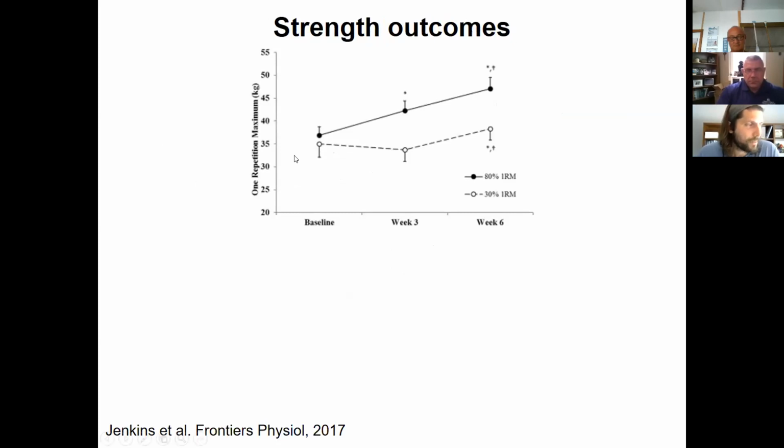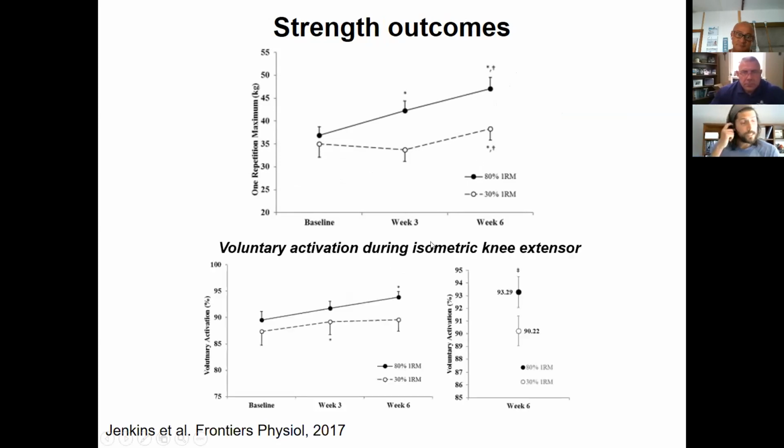This is the strength data in terms of looking at leg extensor strength, and clearly, right, those that trained with heavier weights saw this continued increase in strength. Those that trained with 30% 1RM saw a little bit of an increase, but it was significantly less than heavy training. And I thought this was a nice contribution to the study question, and this added data in terms of what Stu and them didn't measure.